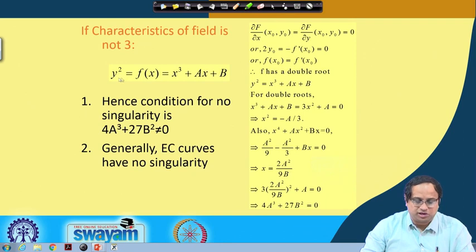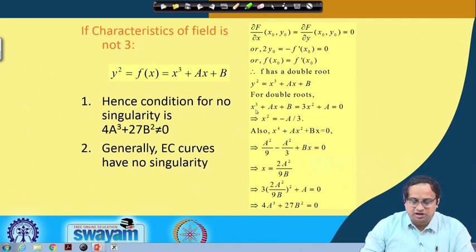If I take my equation as y squared equal to x cube plus ax plus b, and I want to derive the criteria for which this will be a non-singular curve, this is often related to what is called the discriminant of the curve. The discriminant in this case is 4a cube plus 27b squared. If this is not equal to 0, then there is no singularity in the curve. You can easily derive it. As I said, it means that there are no double roots.